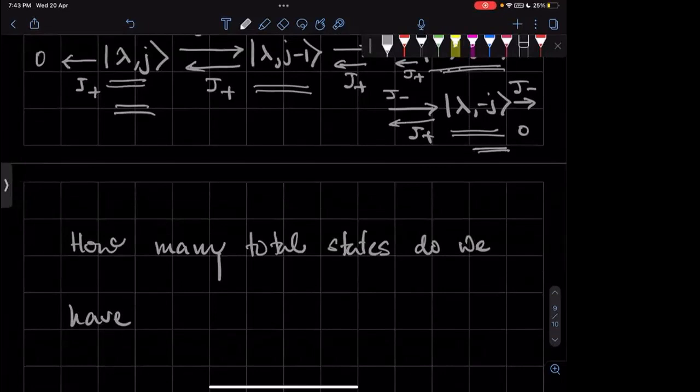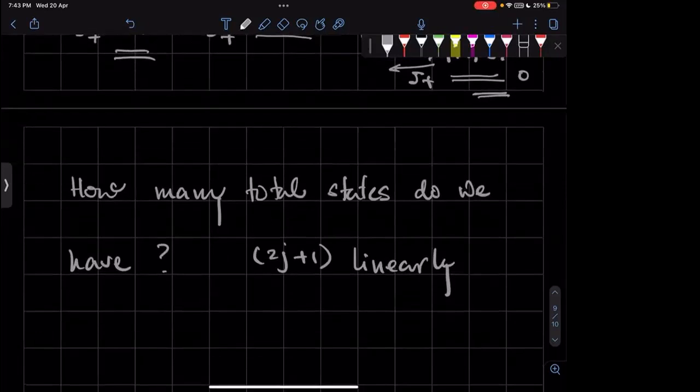So you get 2J plus 1 states. Oh, I was counting the transitions, right? Exactly, yeah. So we get 2J plus 1 linearly independent states.